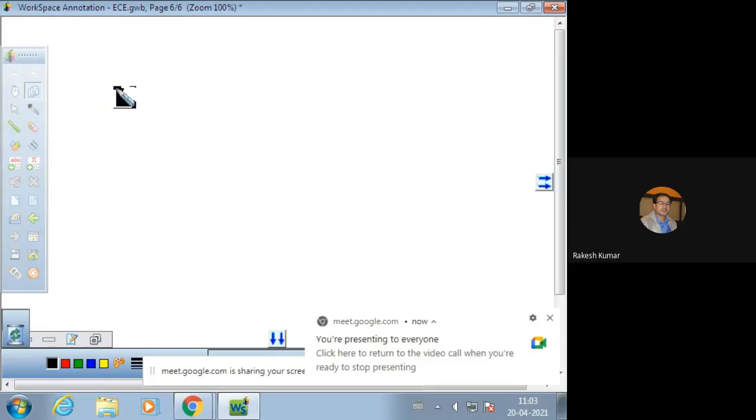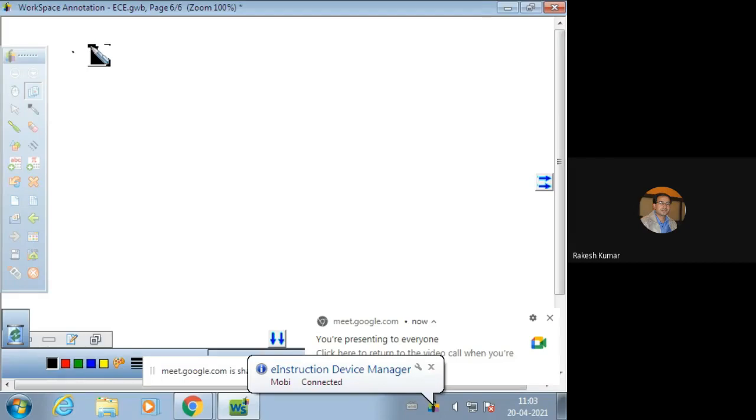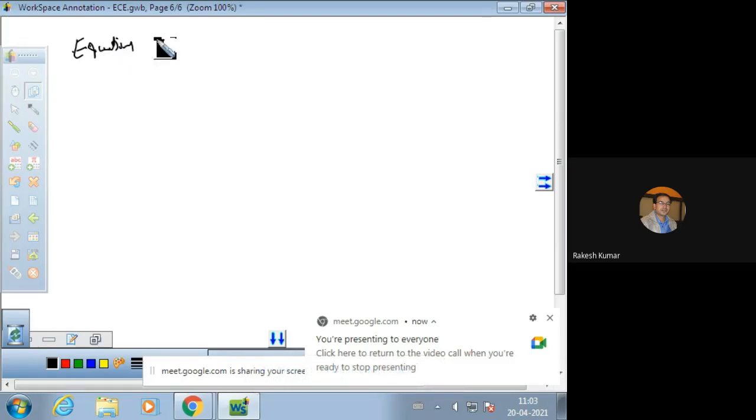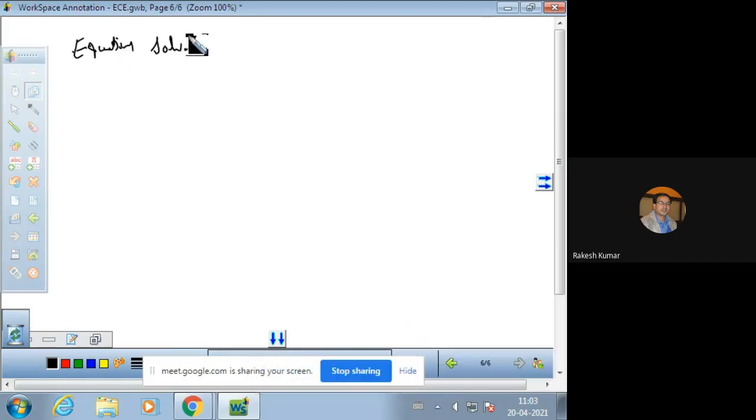First order. Under the heading of ODE of first order, today we are to start the method for solving the equations which are solvable for variable x. So you can write down equations solvable for x.